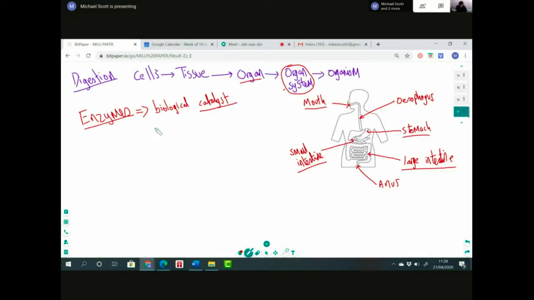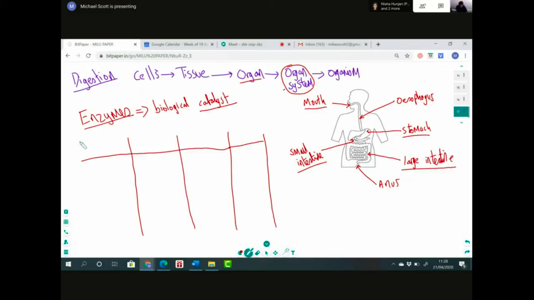Now, we have to look at the different enzymes that are involved in digestion, because there are three main enzymes involved, okay? And there are a few things that you will need to know about each enzyme. For example, you would need to know the name of the enzyme. You would need to know where it's found.